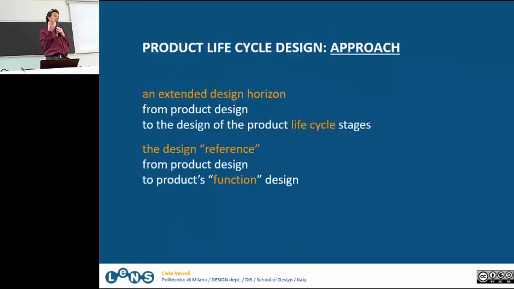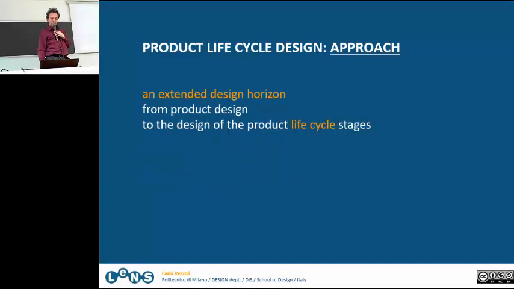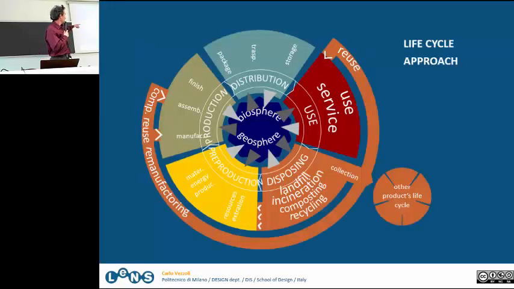Okay, so this is important to understand and to think of the product in terms of its life cycle. And actually, I have to add, in relation to all the inputs and the outputs of all the processes that are part of all the life cycle phases of the product. Because, as I said before, those inputs and outputs determine global warming, eutrophication, acidification, and so on.